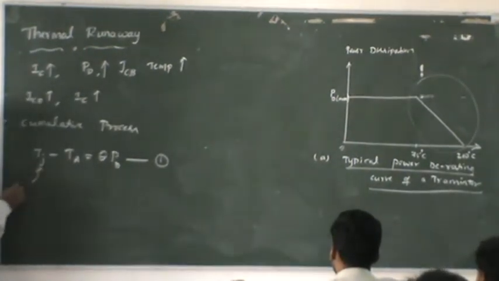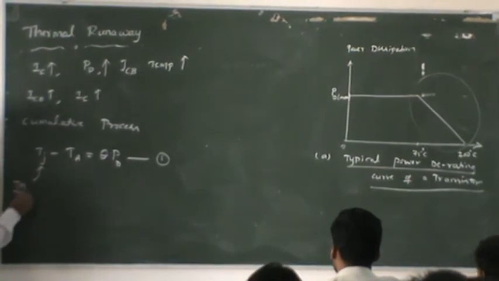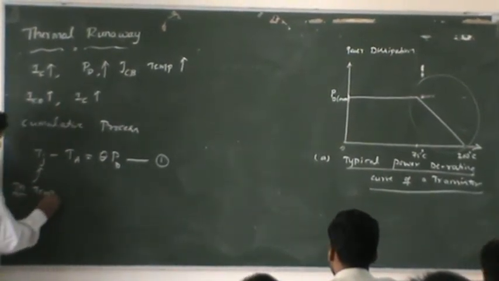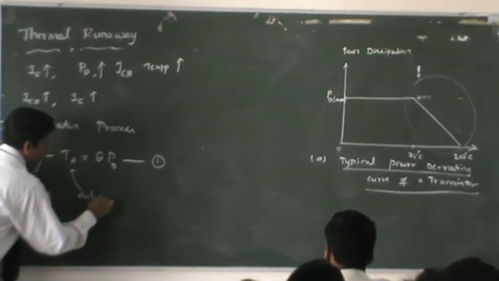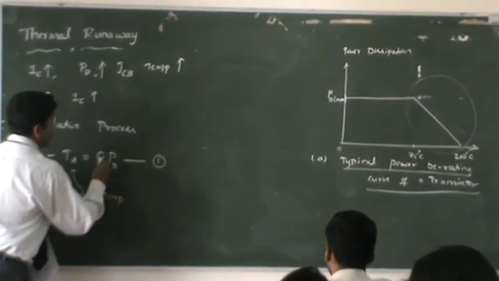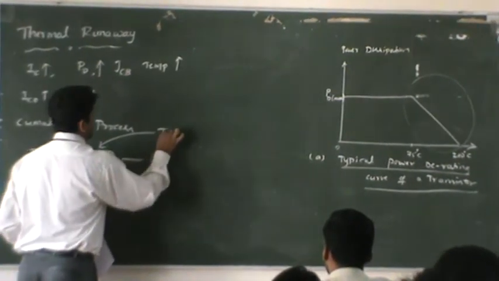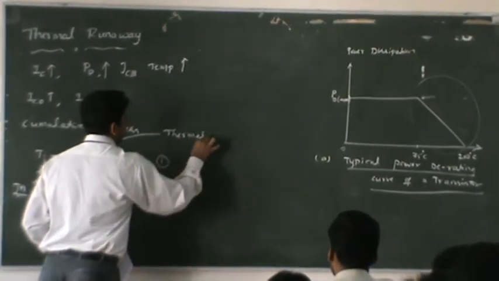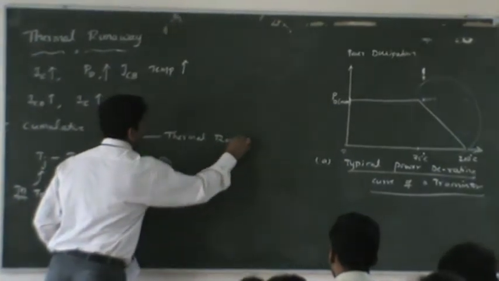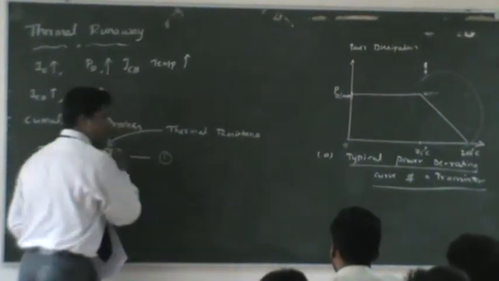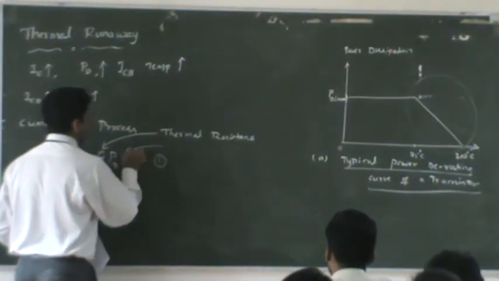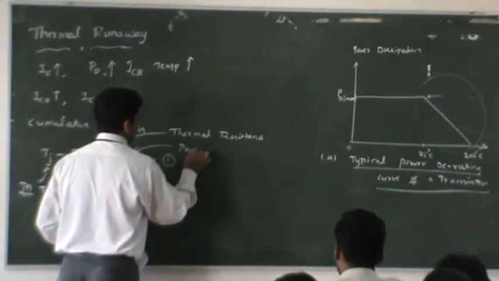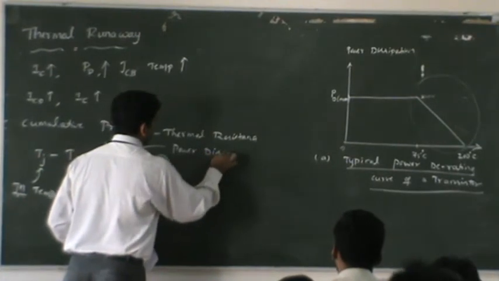This is called the junction temperature. This Ta is called the ambient temperature. Theta is called the thermal resistance. I will define later what thermal resistance is. Don't worry about it. I will have a definition for thermal resistance. PD indicates power dissipation.